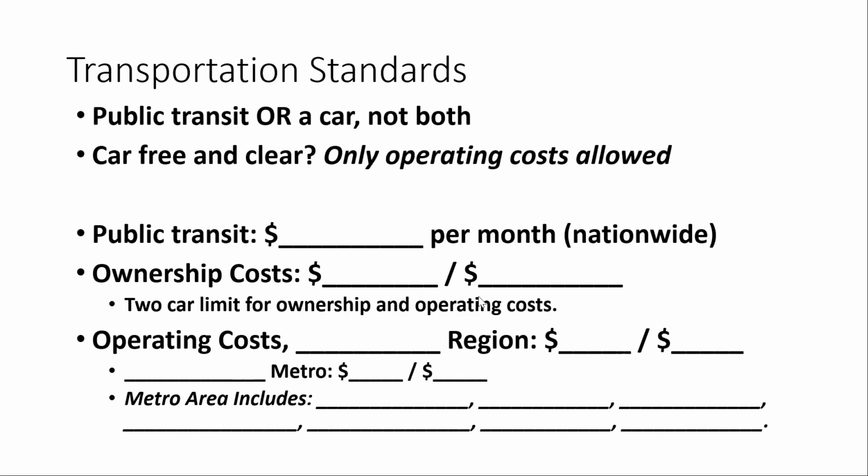Operating cost is things like gas, insurance, and maintenance. They are 2 separate standards. What's interesting about this is that the ownership standard is a fixed nationwide amount. It does not have any regional variation, whereas the operating cost allowance will vary heavily by region.